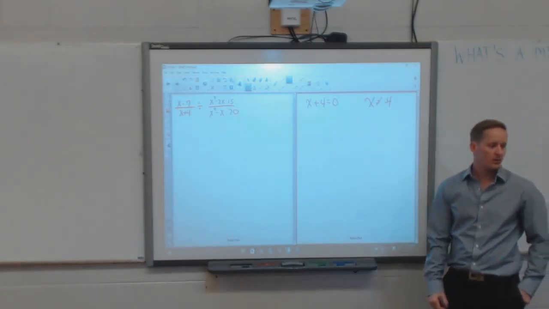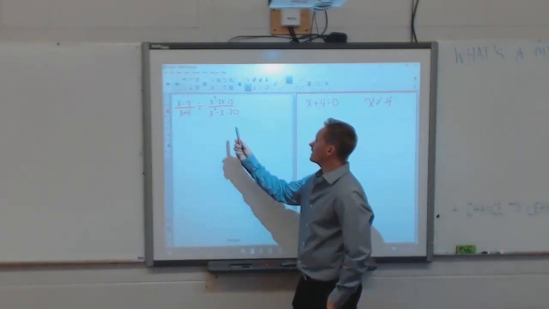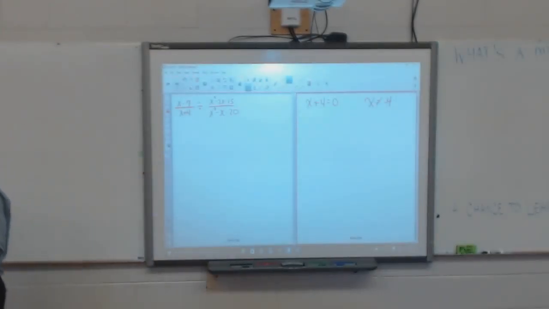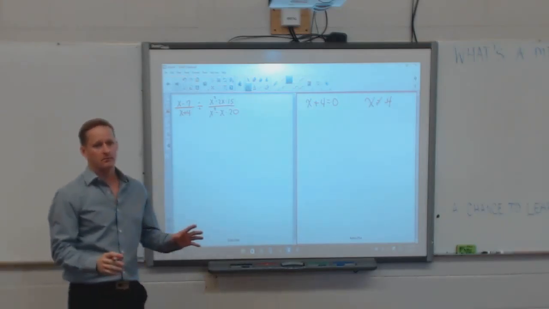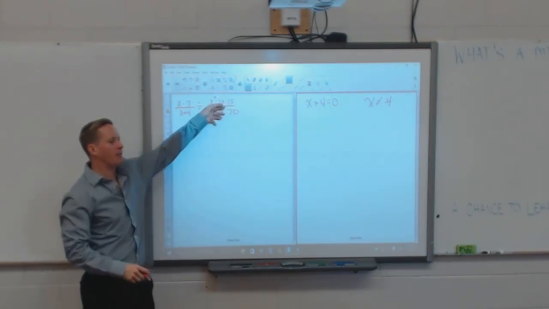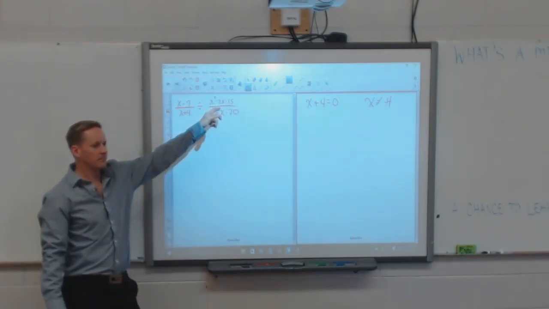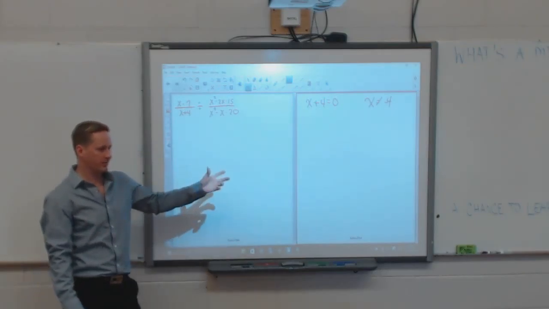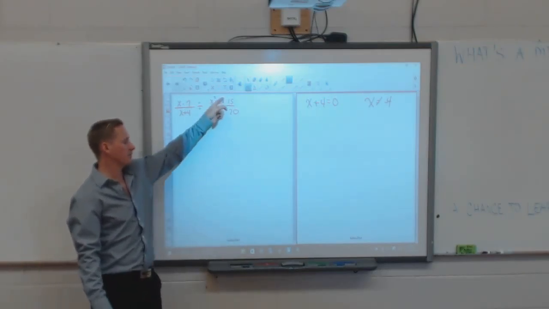Yes and no, Nicole. Nicole asks, do we have to flip that before we do the restrictions? And she's sort of right, but not entirely right. We're actually going to take the restrictions on both of those. Okay? So we got to factor both of them because neither one of them can equal 0.